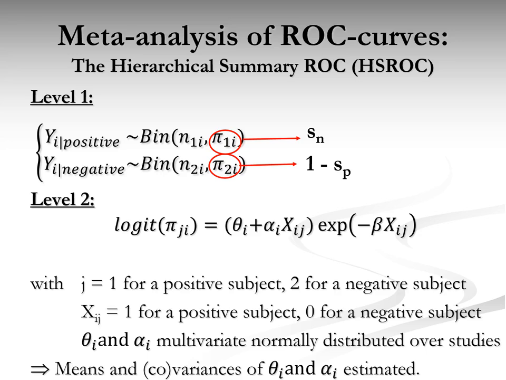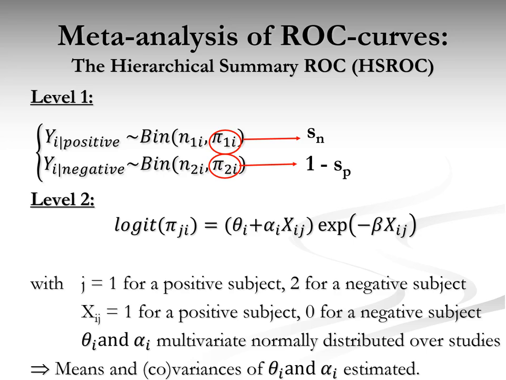And then we say that these two probabilities, so these two pi's, can be described as a nonlinear function of theta_i plus alpha_i times x_ij, times x minus beta x_ij. So there are two probabilities, pi_1i and pi_2i.